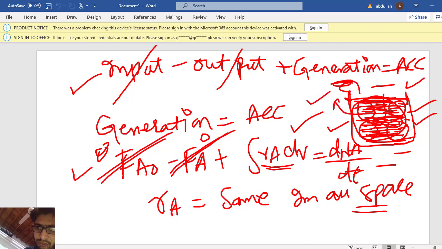So there is no spatial variation in the batch reactor.